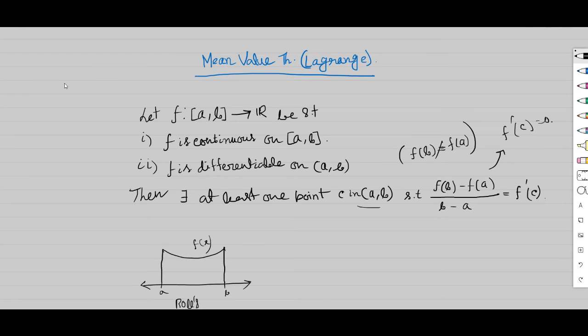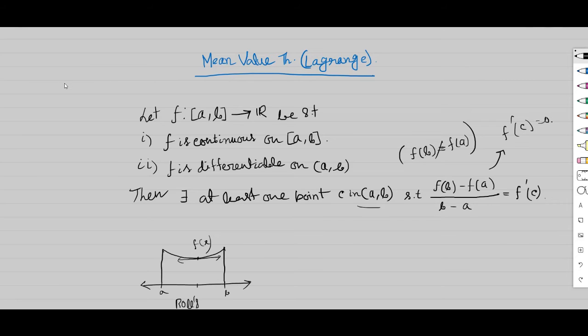So f dash c is actually the slope of the tangent at this point. So this point is f(c).